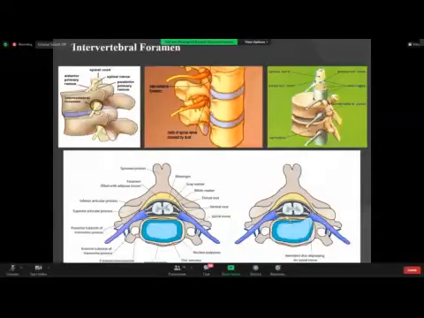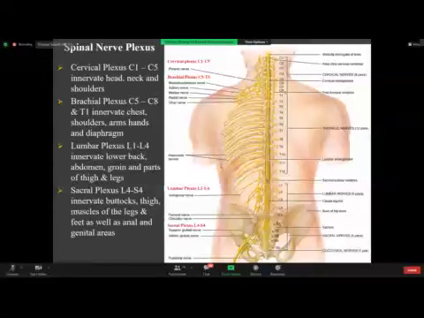Now, what do the nerves do when they come out? One is that they can simply take one region and go in and innervate that region. Or what they can do, as they do in a number of cases, is that they can join and perform a complex function. So in this case, what we call the plexus.